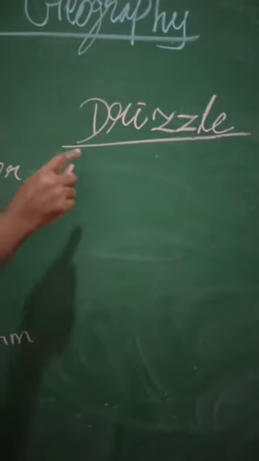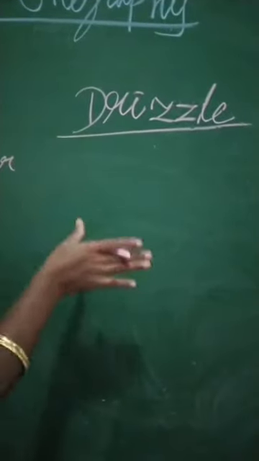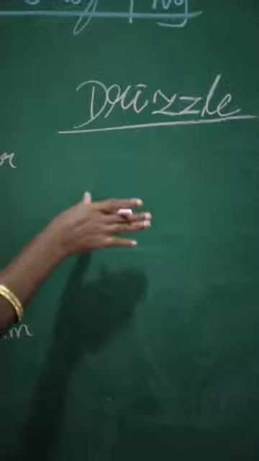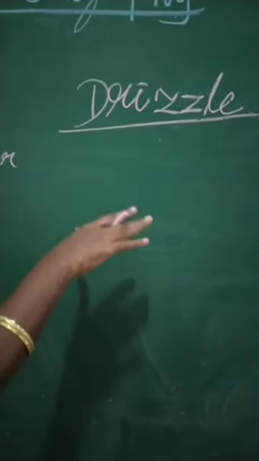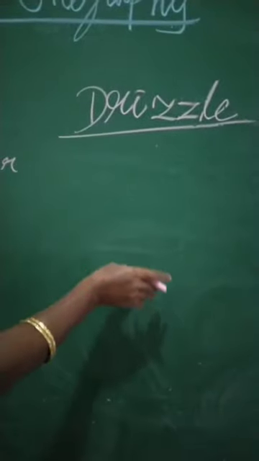Students, listen carefully. The drizzle is a very important one. The most common kind of precipitation is rain. Already you know, the precipitation in the form of water droplets is called rain.